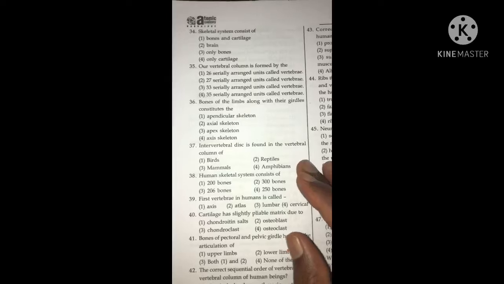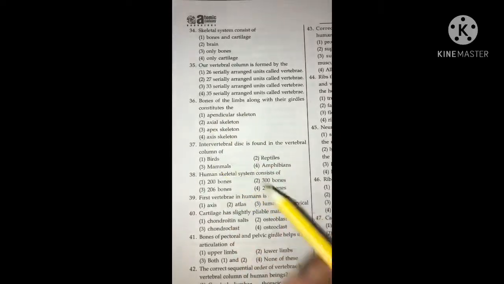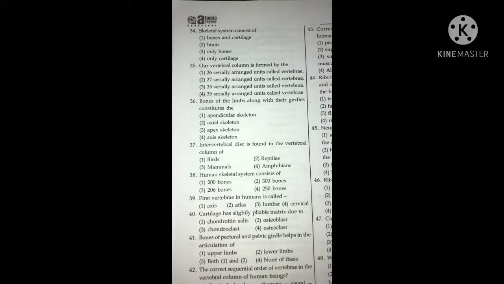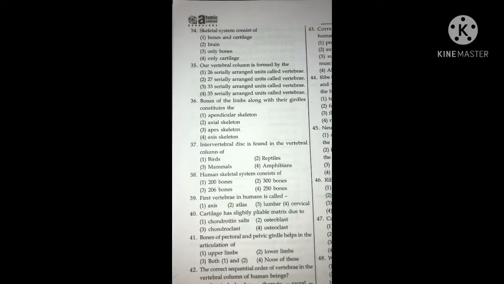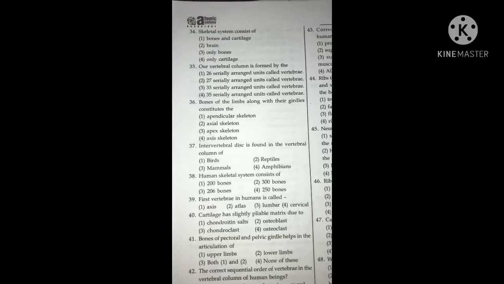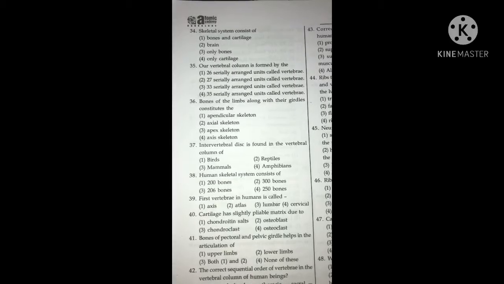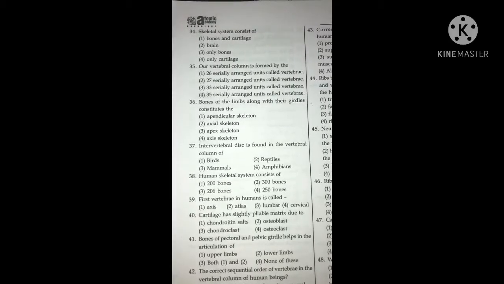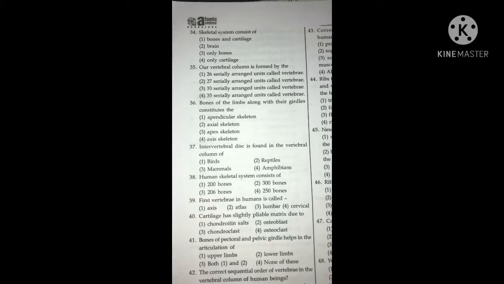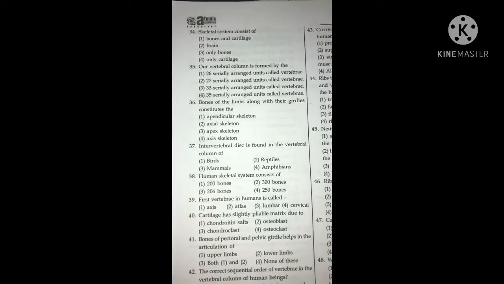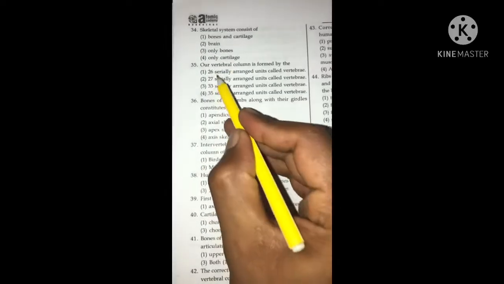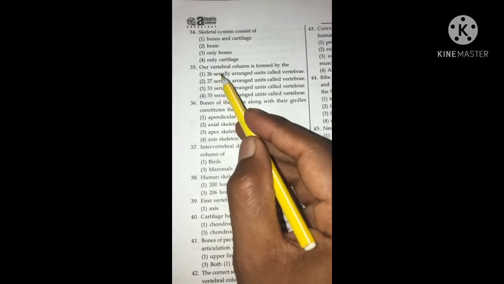In the vertebral column, between one vertebra and the adjacent vertebra, there is an intervertebral disc, which is cartilage. Due to the intervertebral disc, flexibility of the backbone takes place. That means the backbone can bend to the front, or even backward. So which is the correct answer? The correct answer is the first statement.